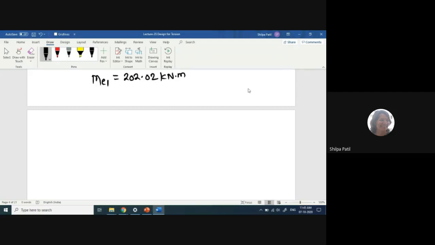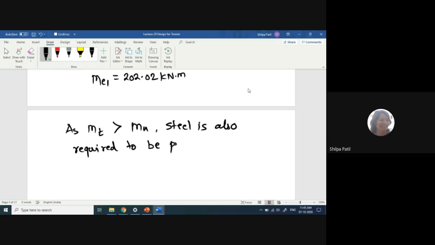Just write down one statement: as MT is greater than MU, steel is also required to be provided on the compression side.